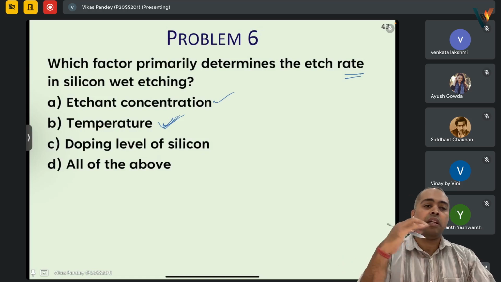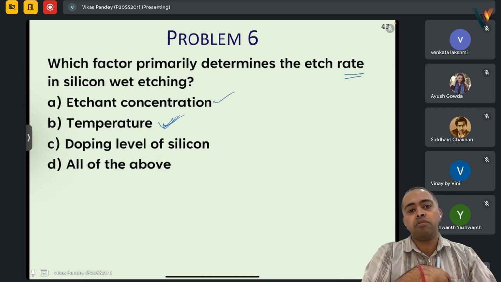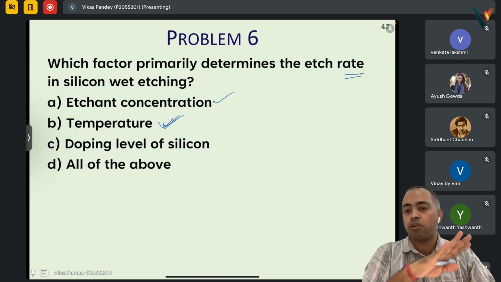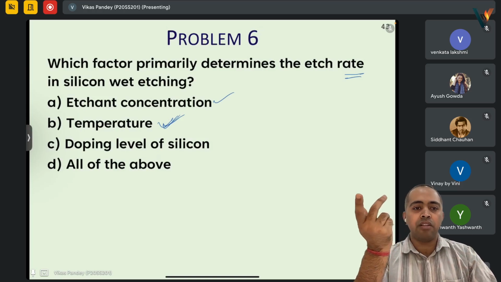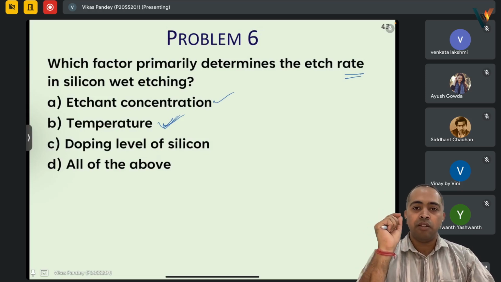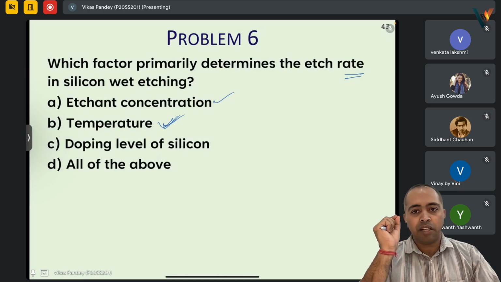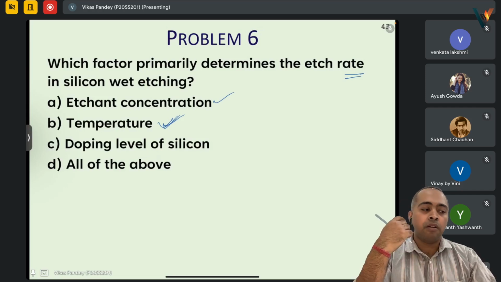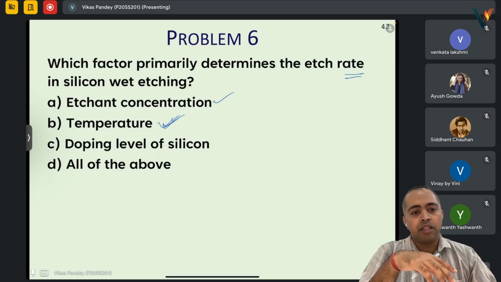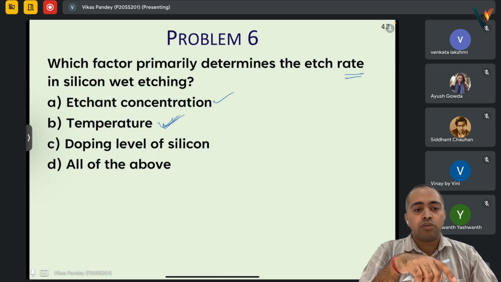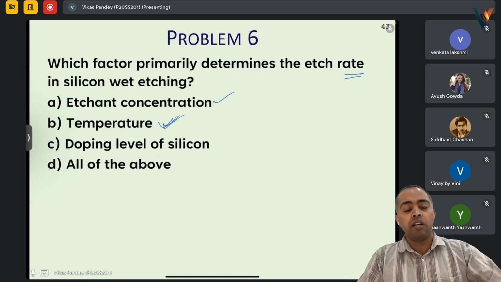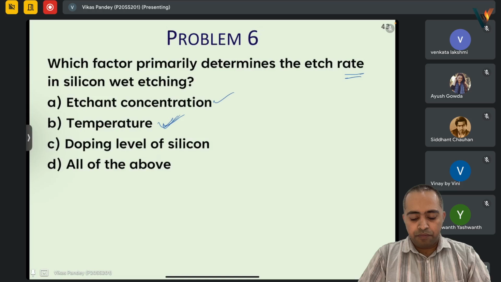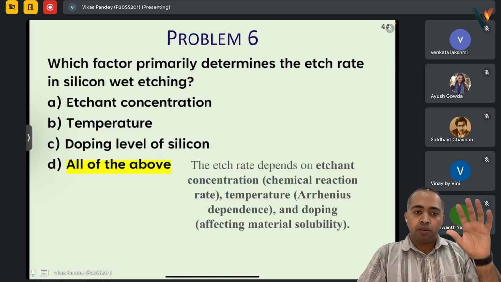Even though you might have an adequate temperature, suppose the doping level of silicon is such that it will not etch, so that will become the limiting factor. Like in chemistry, we know that the slowest rate is the determining rate, right? Like that, whatever is the limiting factor. Suppose everything is perfect, but the temperature is too low for the etching to happen. In that case, it will be fully dependent on temperature. So whatever is the critical one will determine the etching rate.